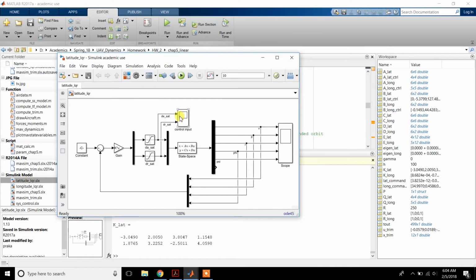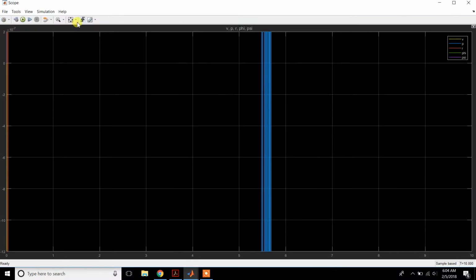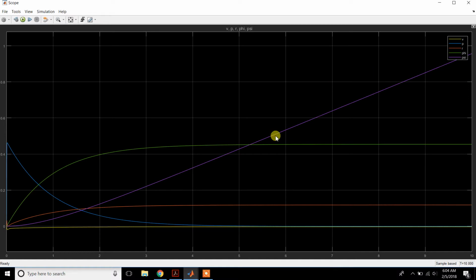If you're making a turn, you need to have some roll rate. The pitch rate reduces to 0.